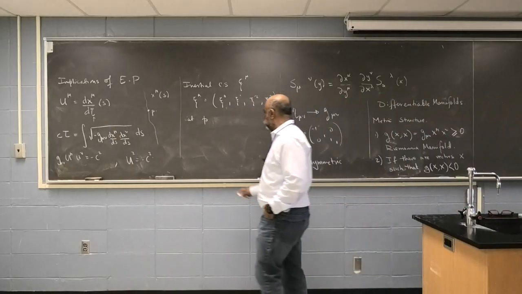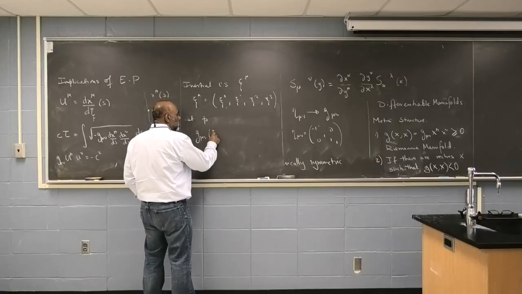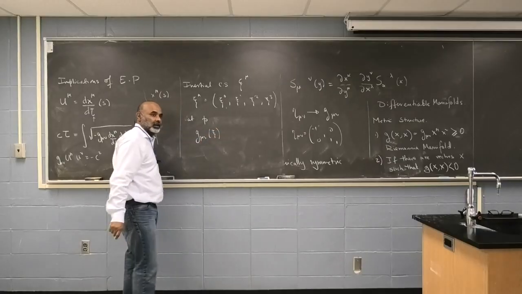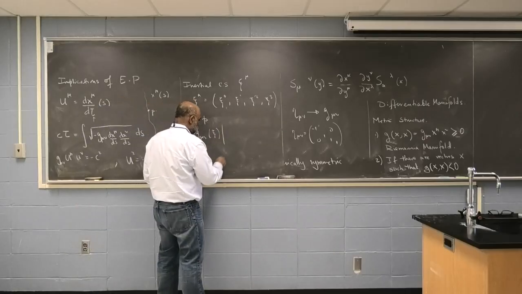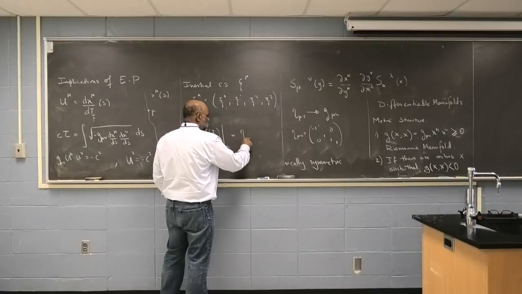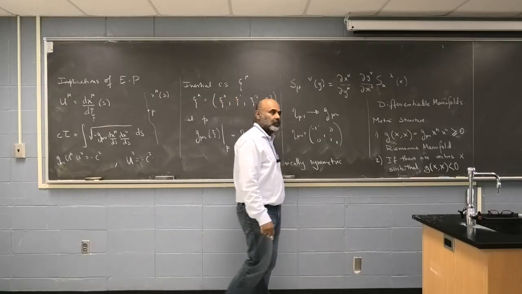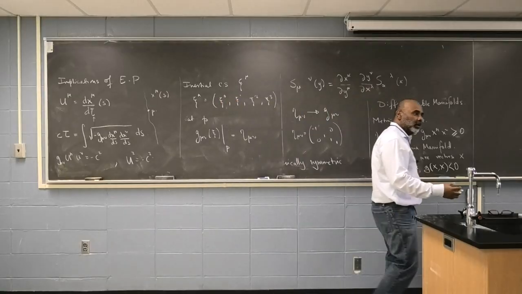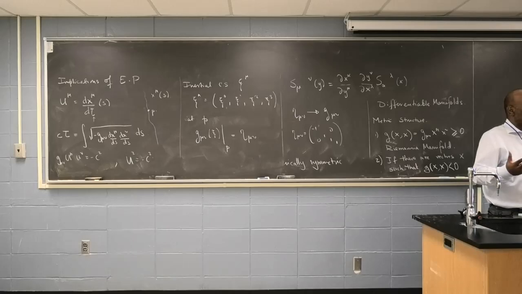g_{μν} evaluated in the coordinate system ψ, when evaluated at the point P, at that point there's no gravity, so the metric looks like what? Minkowski metric.